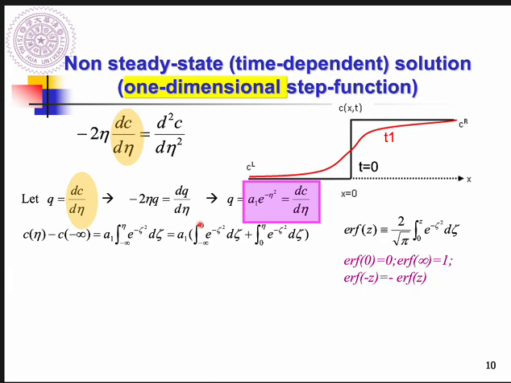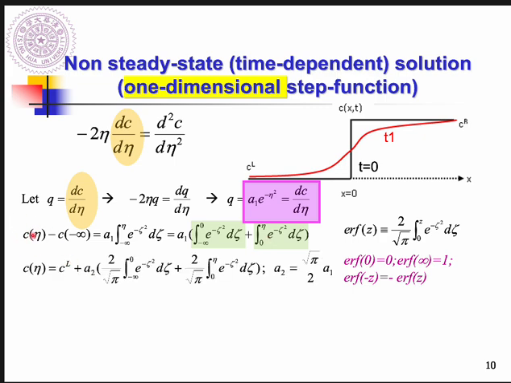The reason is I want to make this term more similar to the error function so I can substitute it. Here I just keep the term and move it to the right-handed side. C at negative infinity, the concentration is CL, so negative CL moves to the right-handed side as CL.